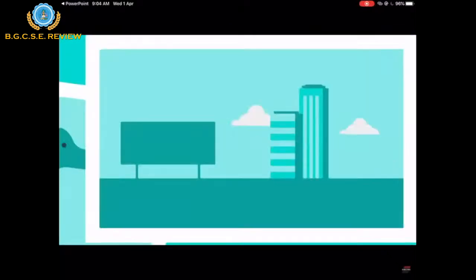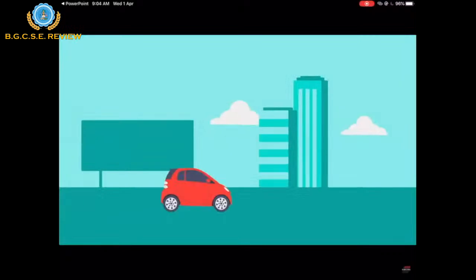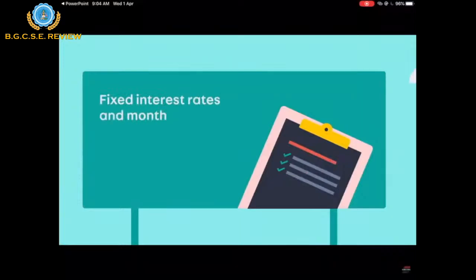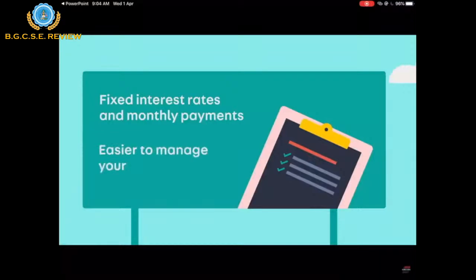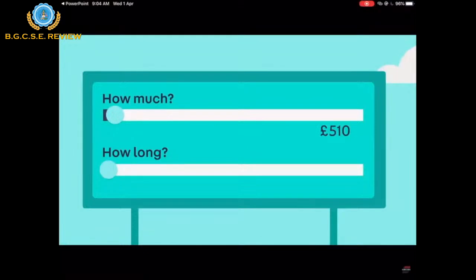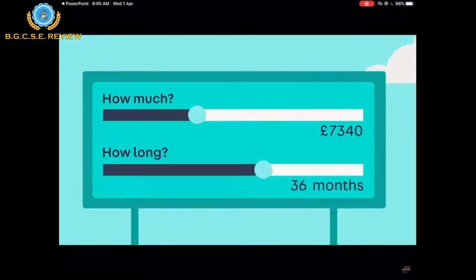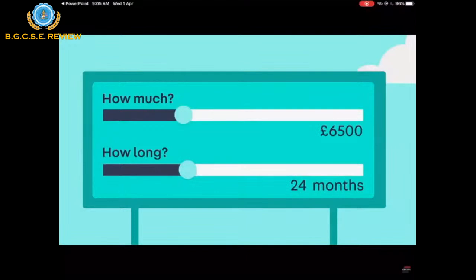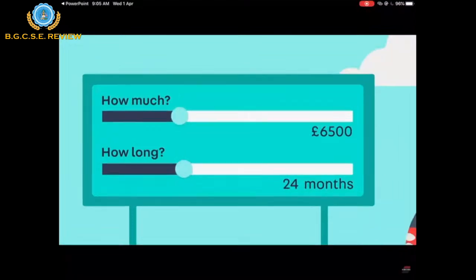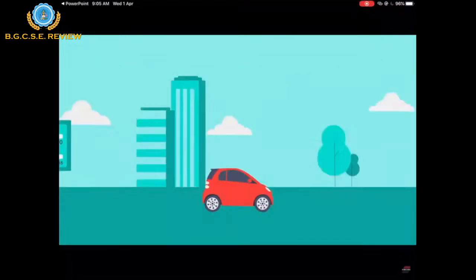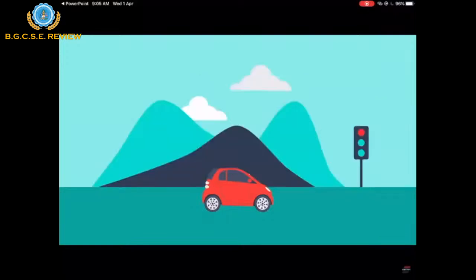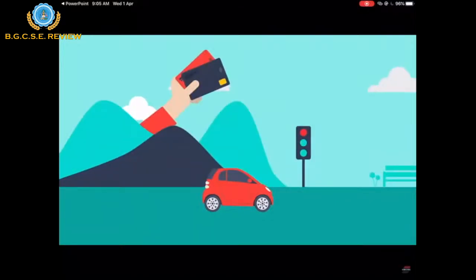Due to the interest, you'll normally end up paying back more than you borrowed. With hire purchase, the interest rates and monthly payments are usually fixed for the duration of your finance contract, making it easier for you to manage your outgoings. The deposit and the length of the contract can usually be adjusted to help you find the monthly payment that fits your ideal budget. And because the vehicle usually acts as a security for the finance agreement, other forms of credit will remain available to you, such as credit cards, subject to your credit status.